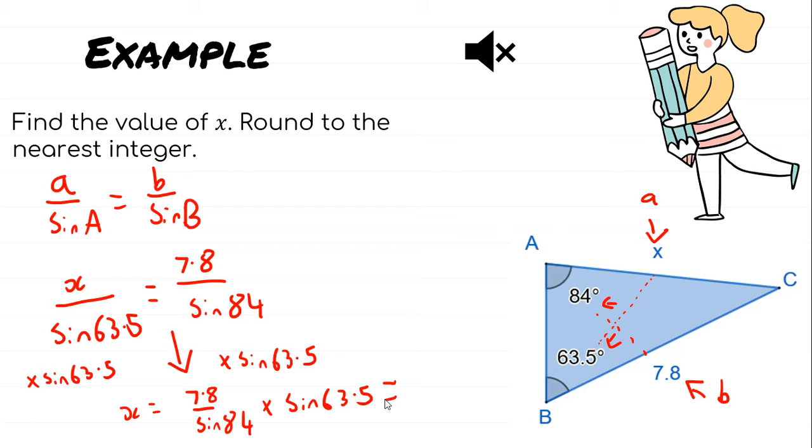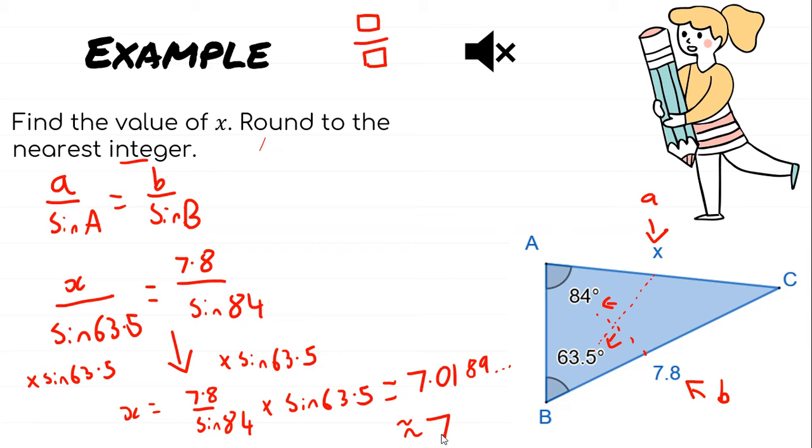Okay, so I've typed that in, and just to be clear, when I say the fraction button, I mean this button that looks like this, that allows you to type this in as a fraction. And once you do that, you're going to get 7.0189, and it carries on going. This question says the nearest integer. That's just the nearest whole number. So the nearest whole number to this would be 7.